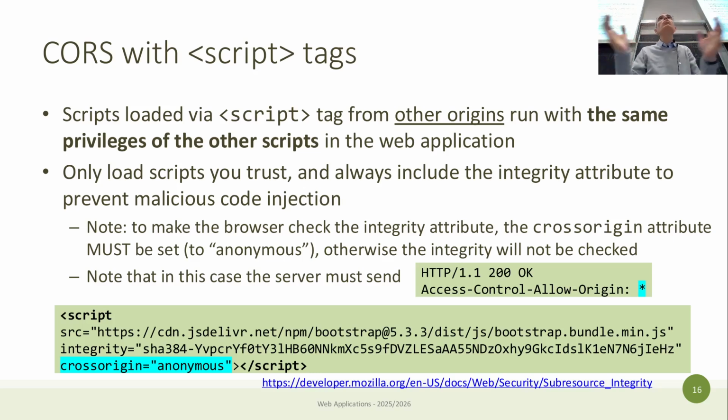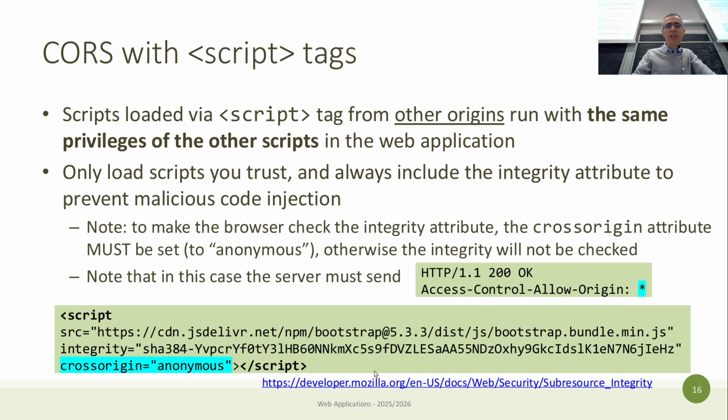Otherwise, anybody can change the code. And the problem is that this code runs with the same privileges as all the other scripts in your client. And if it wants to steal some information, it can. So it needs to be trusted code.